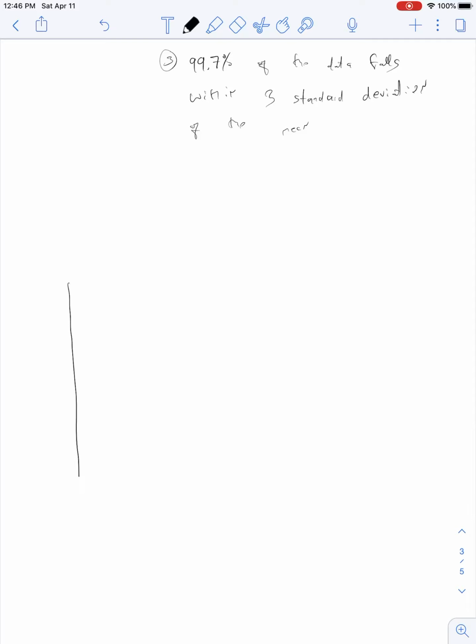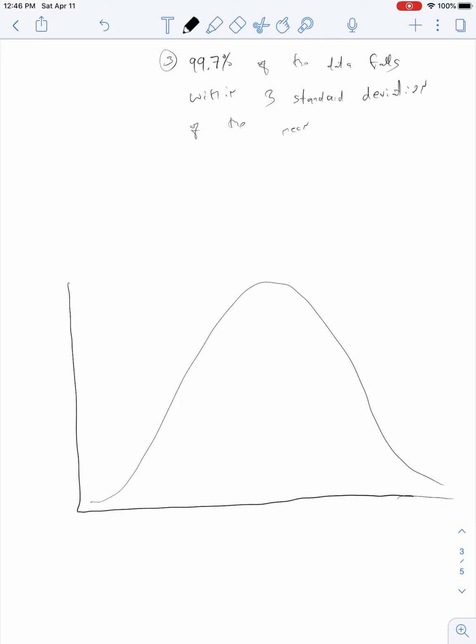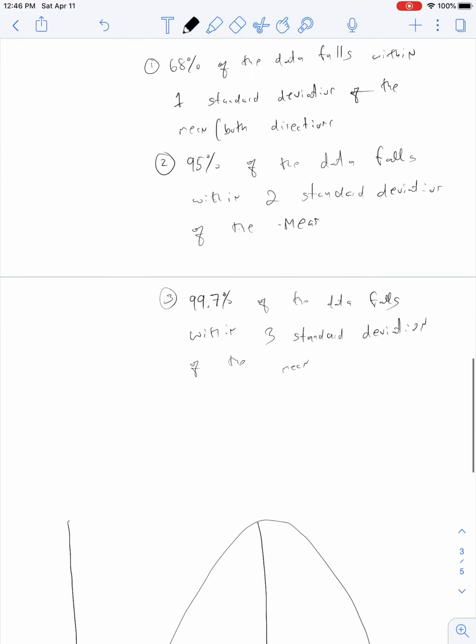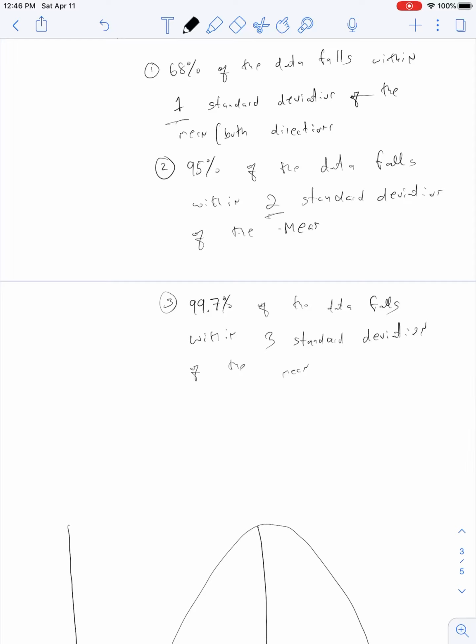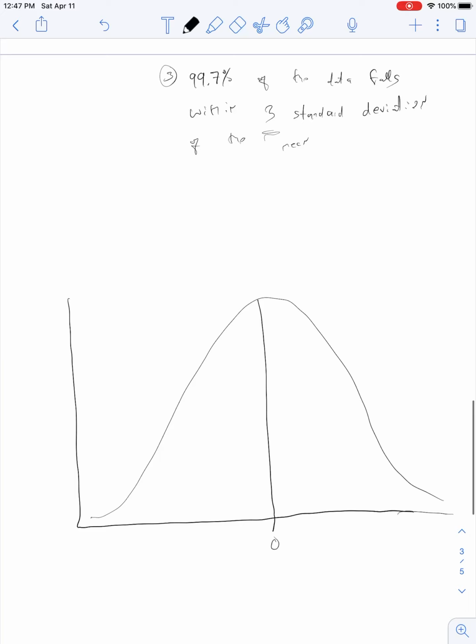All right, so let's take a look at this normal distribution curve. Our mean is in the center. This is 0. And as you can see, it says either 1, 2, 3 standard deviations from the mean.